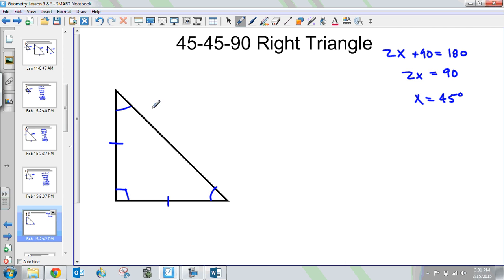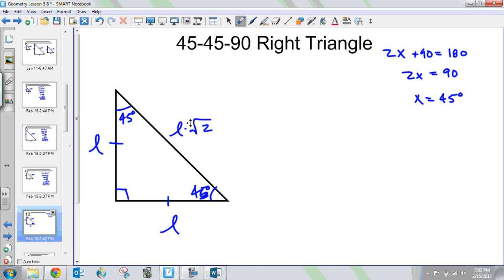So if I have a triangle like this, a 45, 45, 90 triangle, which is just an isosceles right triangle, then it follows this pattern. Usually what you'll see is that this segment is labeled L, and this segment is labeled L. It follows what we had, it's just that we're using a variable instead of numbers. Then my hypotenuse is that length L times the square root of 2.